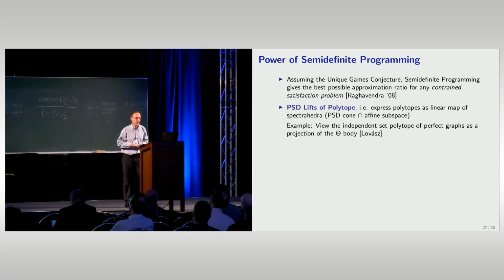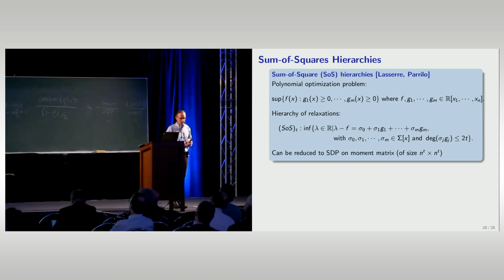Now, let me finish by saying that semi-definite programming has been used in many other contexts, and one way that has been very nice is, in the Sherali-Adams construction, we were looking at polytopes and then getting strengthenings of them.